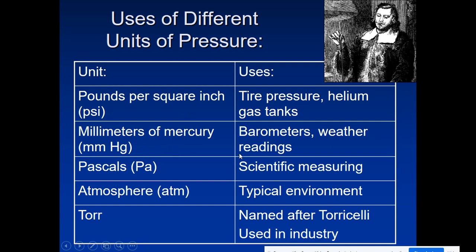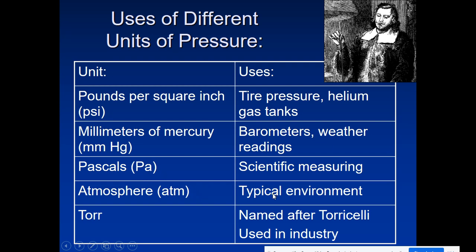If you look at atmospheric pressure, like we measure with a barometer, because we've typically used that barometer with mercury in it, we use something called millimeters of mercury as a unit. If you go into a lab, a lot of the readings on the gauges will be in pascals. It's just the unit of pressure in this scientific international system.